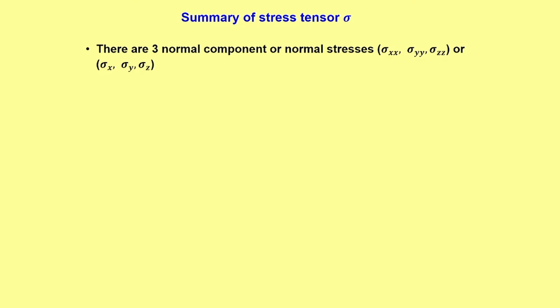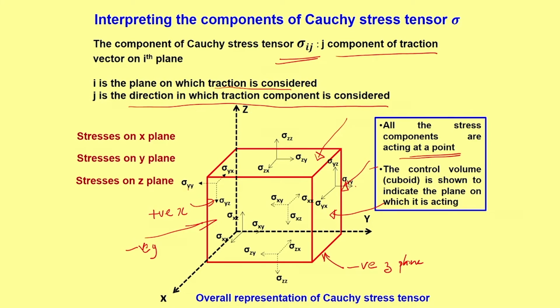So, what is the summary that we have understood till now? There are three normal components or normal stresses: sigma xx, sigma yy and sigma zz. You can see that in this figure you have sigma xx, sigma yy and sigma zz.